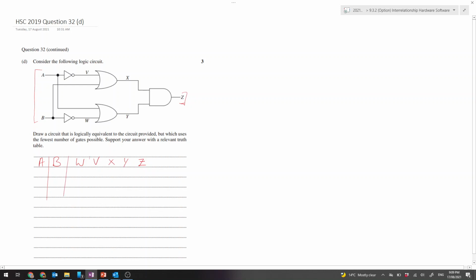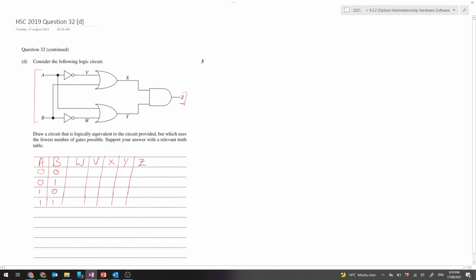Draw a couple of columns up. And then for our A and B, I like to count from 0 in binary until we get all ones. So we've got 0, 1, 2, 3, all ones. And now we'll just work our way through the truth table and filling in some values.